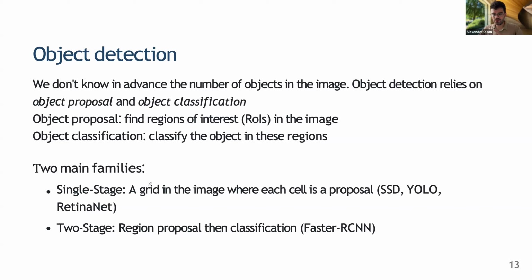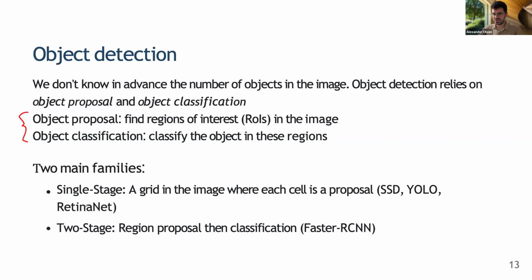Now, there are 2 main families of models for object detection. The first is called single stage. This is confusingly named, actually. They are called single stage and 2-stage, but they both do both of these things. It's easy to get mixed up and think that single stage must skip one of these steps. The distinction is actually whether they happen in parallel or whether one happens and then the other one happens.